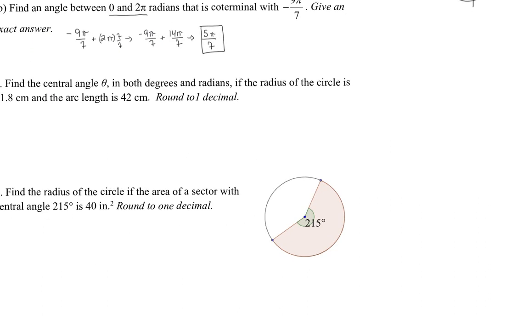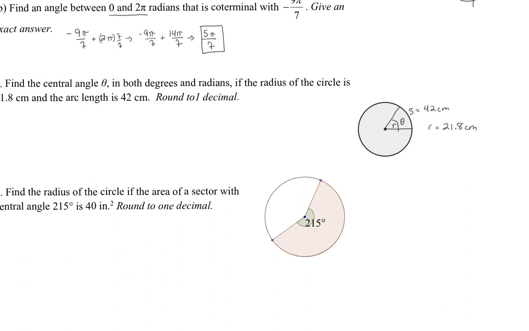Alrighty, for the next one it says, find the central angle theta in both degrees and radians if the radius of the circle is 21.8 centimeters and the arc length is 42 centimeters. Okay, so essentially we have some circle, and on this circle we know the radius is 21.8 centimeters, and we have some angle, theta, and we know some arc length, 42 centimeters.